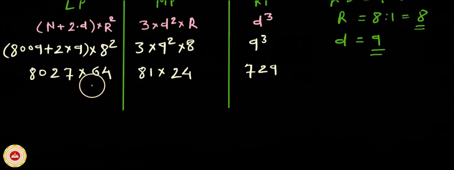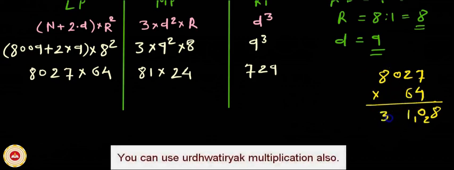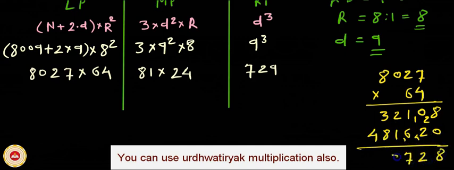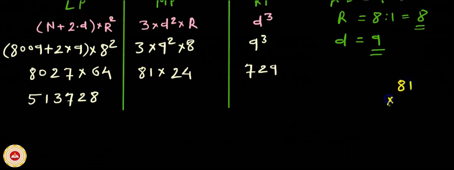8027 multiplied by 64. Okay, so let us do rough work here. 8027 multiplied by 60. 513728. 81 multiplied by 24.